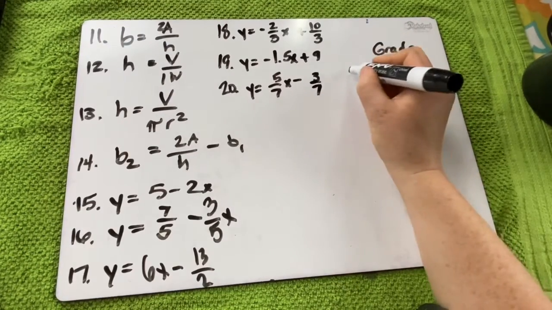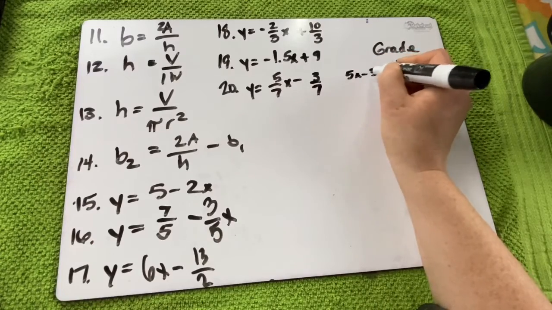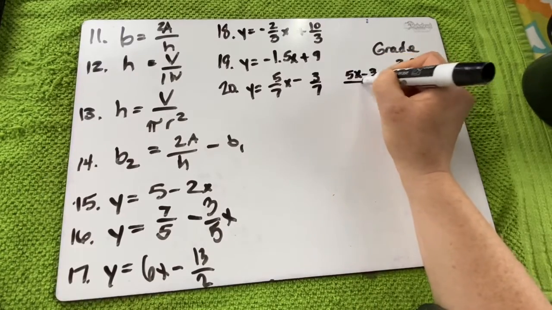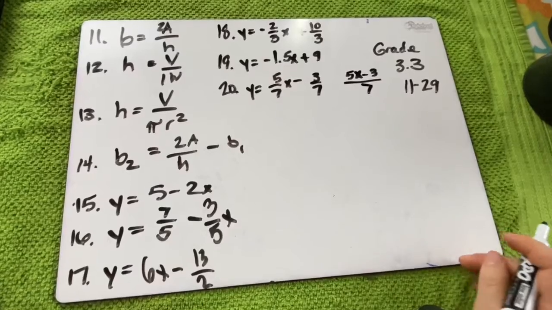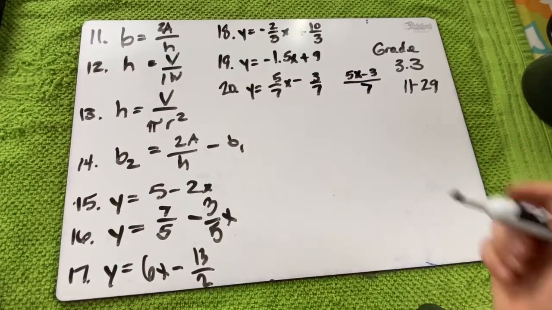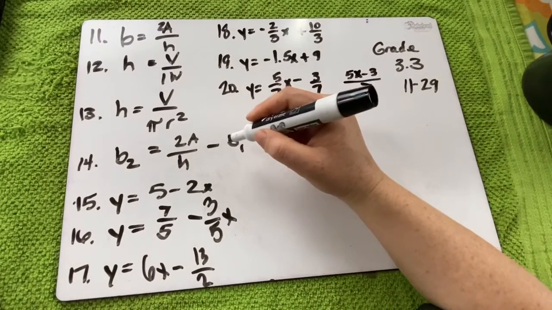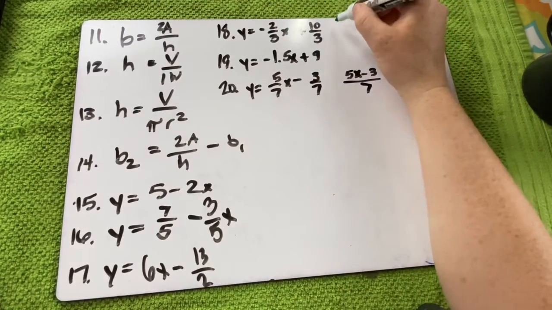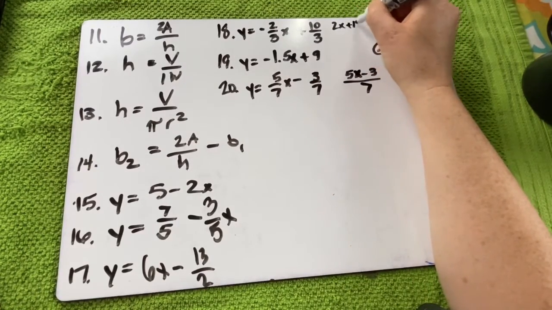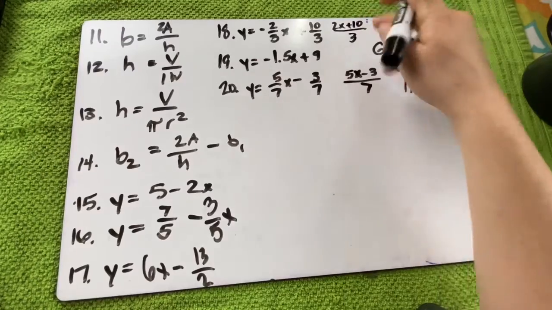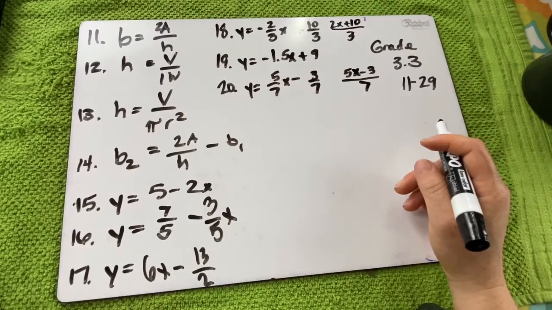If you have 5X minus 3 over 7, that would also work. Okay? Same with up here. If you have 2X plus 10 divided by 3, that would also work. Okay?